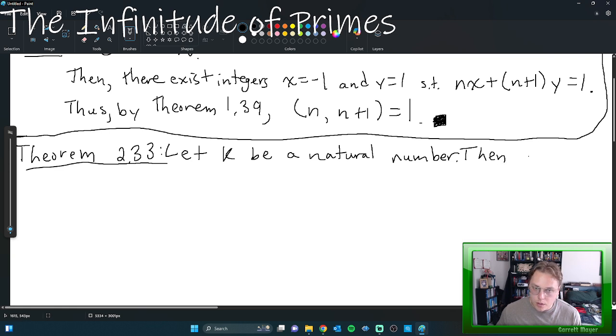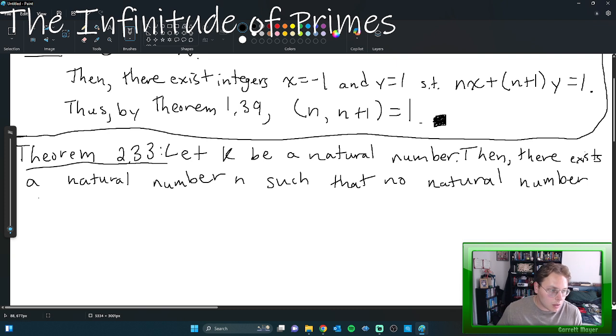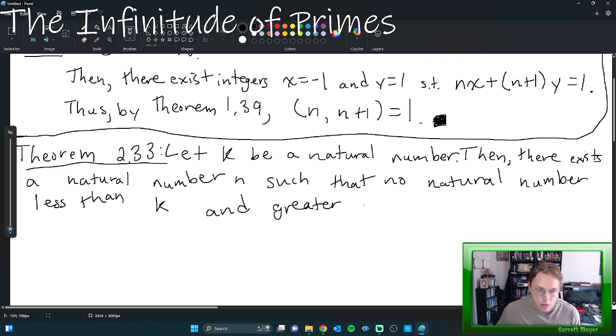Then there exists a natural number n such that no natural number less than k and greater than 1 divides n.